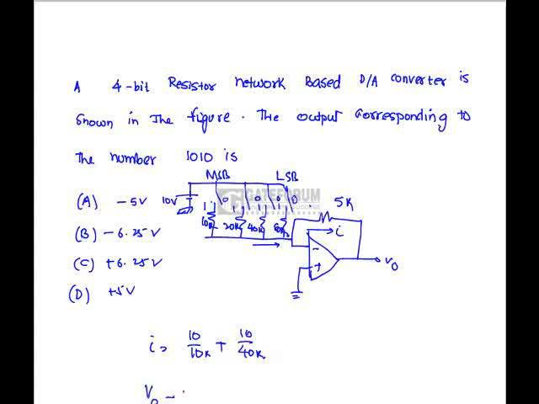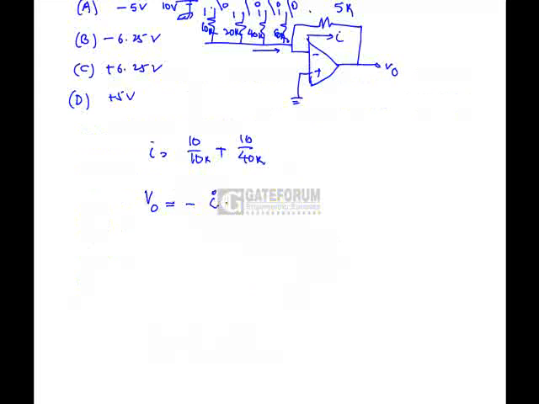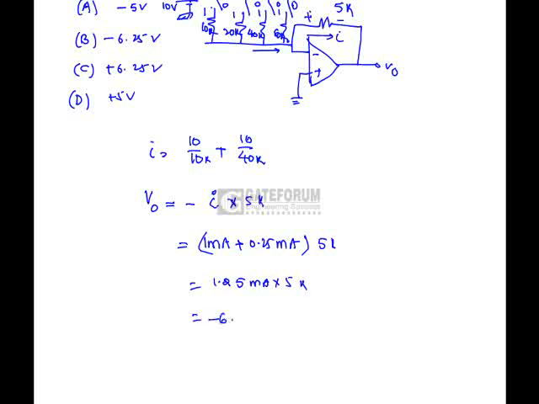So V naught is minus I into 5k, because this is the polarity of V naught from here. So 1 milliamp plus 0.25 milliamp is 1.25 milliamp into 5k. So that is minus 6.25 volts. Hence option B is correct.